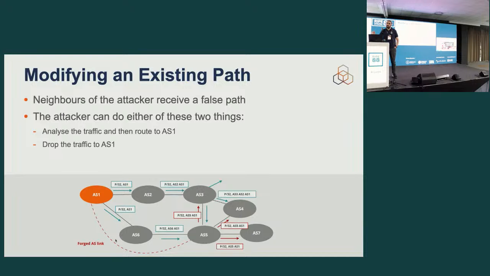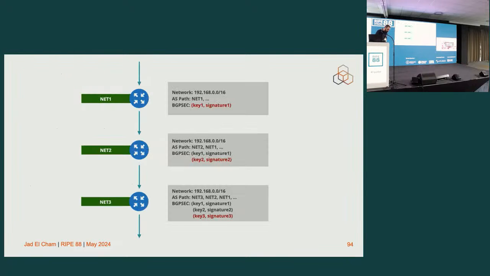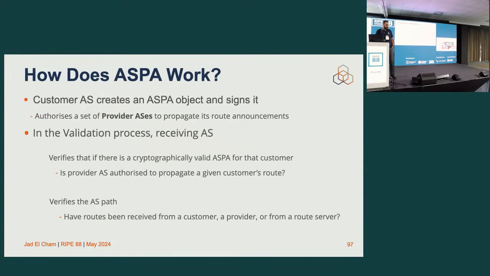So in other terms, in the AS path, you shouldn't see AS1 and then AS5 directly after it. You should see AS1, AS2, or AS1, AS6, etc. And the idea is that if each one of these ASs does this, then we would be in a scenario where more or less we can verify that the AS path looks legitimate. So that's the idea behind ASPA.